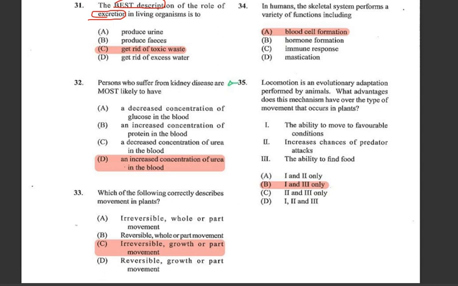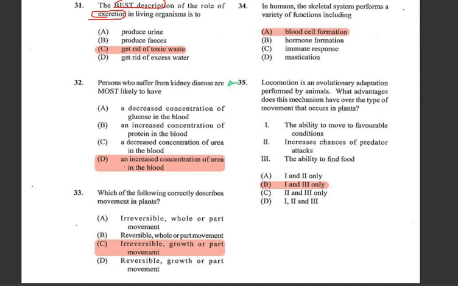Moving on. Number 33, which of the following correctly describes the movements in plants? So where we have movements in plants, we have the irreversible growth of parts or parts movements. Irreversible means the opposite of reversible, going the opposite way, like left and right.